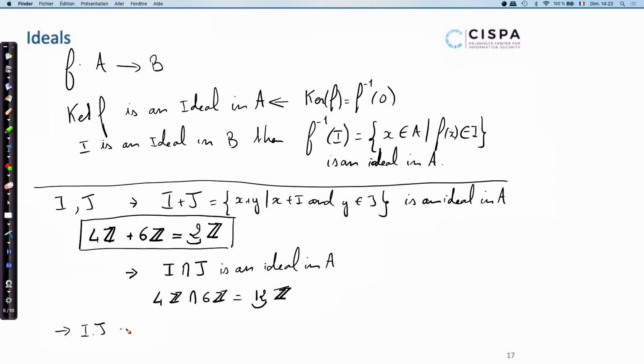So in fact, the product is defined as the set of all sums x1 y1 plus x2 y2, etc., all finite sums of this form, where all the x's are in I and all the y's are in J. So the product of two ideals is a slightly more complicated construction. Good.